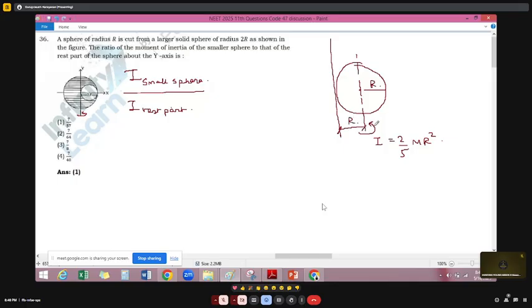Whenever you know the moment of inertia at one axis, I can shift it to another axis using the parallel axis theorem. So I about the y-axis is going to be I through the centroid or center of mass plus this mr squared.